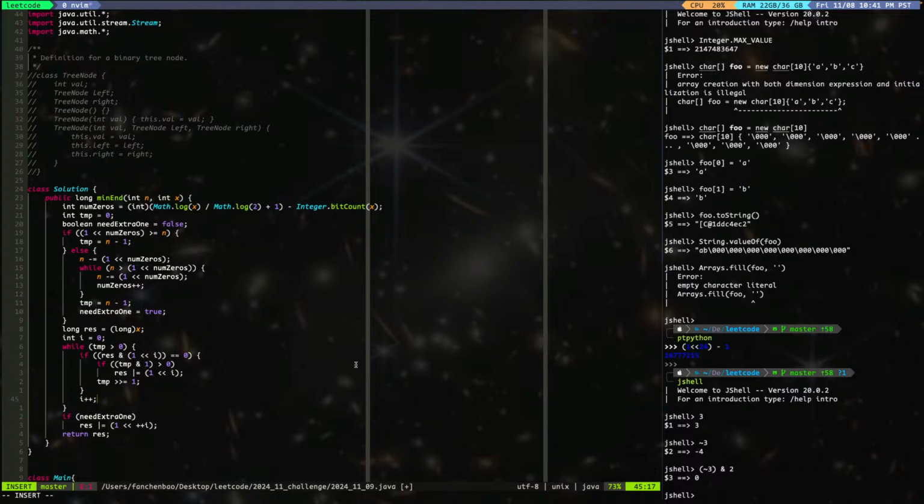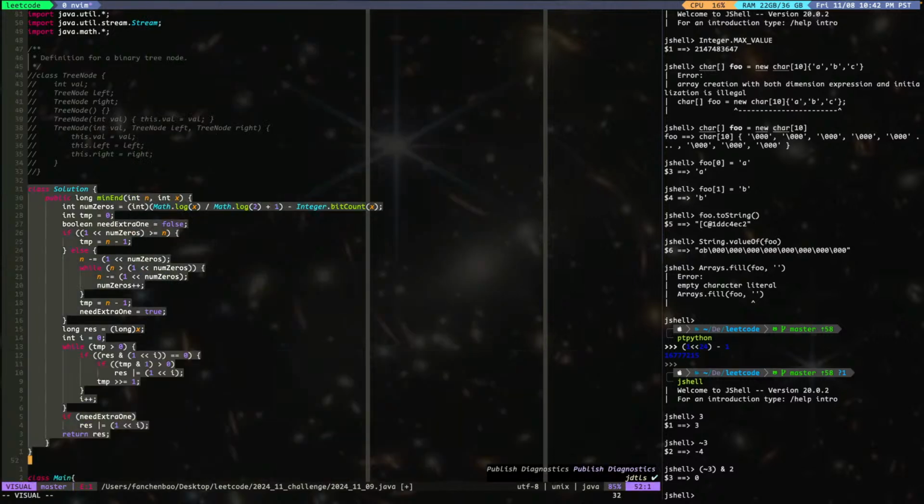So for this position, I check if it's a 1, we just move forward. If it's a 0, I check temp. If temp is good, I move it, and then I decrease the temp, right? And I will always plus plus. So every position I checked, I will plus plus. And because of that, I think here I can just do I. Okay, let's do it one more time.